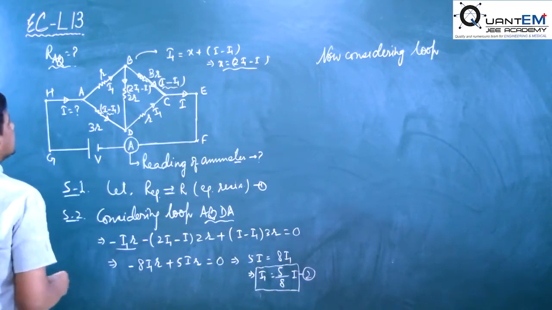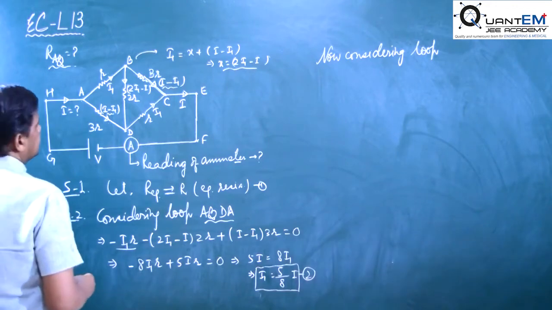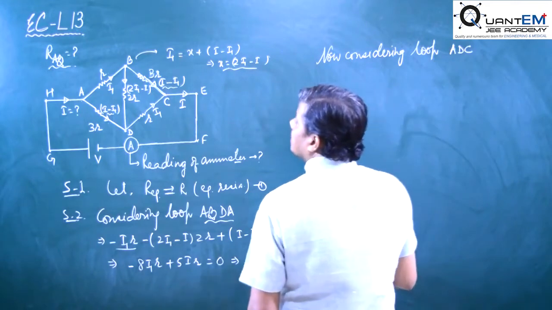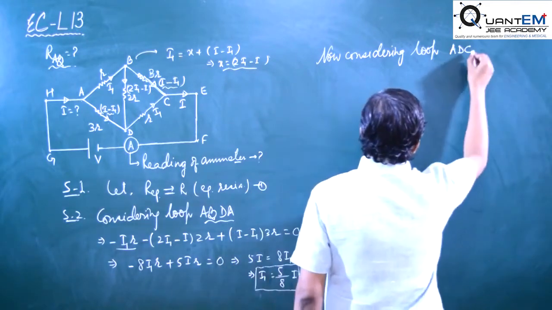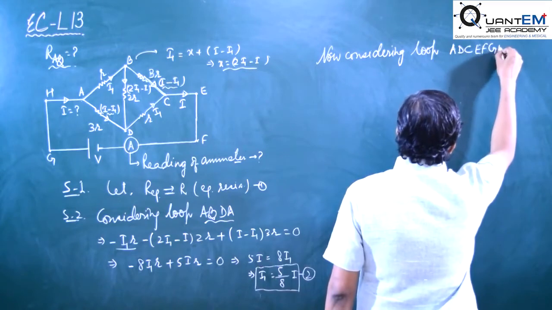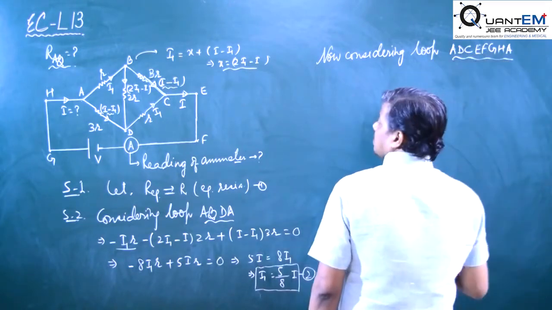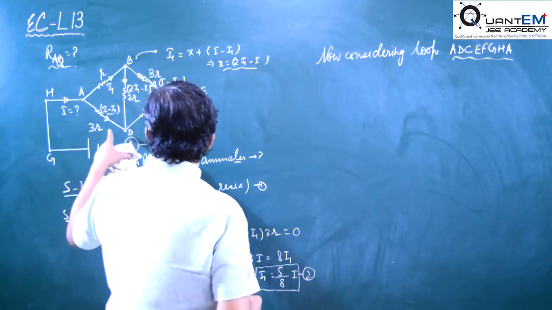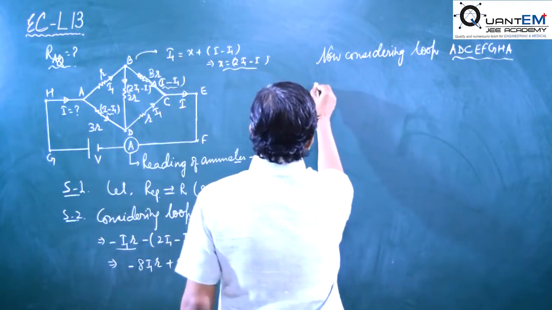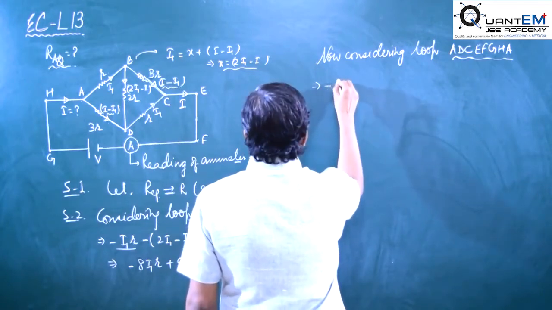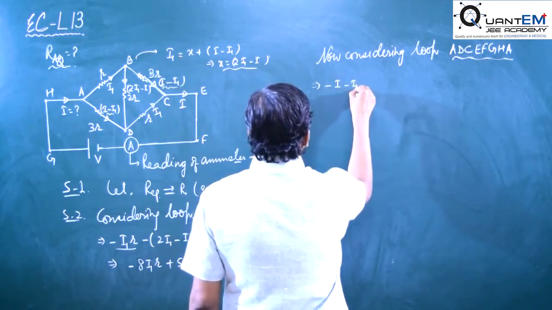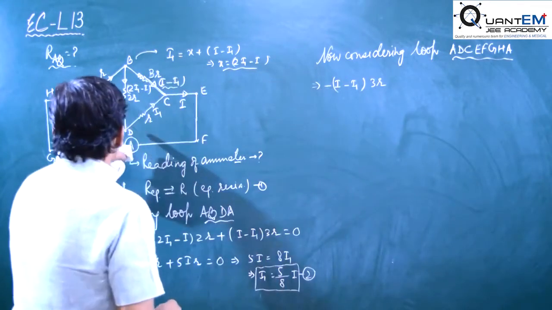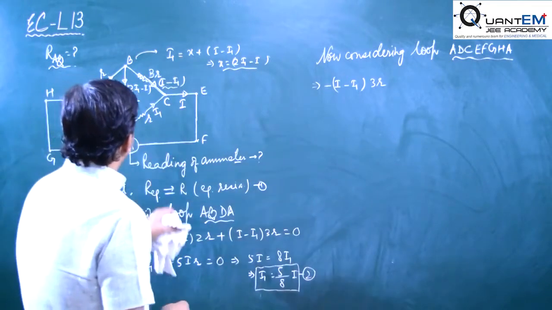So we consider the loop A, D, C, and then E, F, G, H, and then again to A. This loop we have taken. So we start from A to D, we have current and loop in the same direction. That's why minus (I minus I1) into 3R. Now from D to C, again current and loop in the same direction.